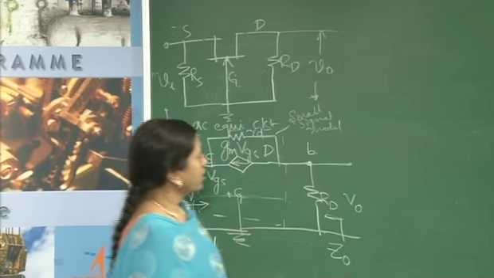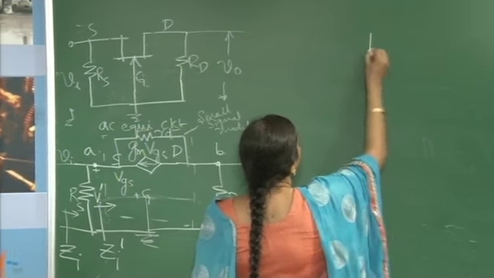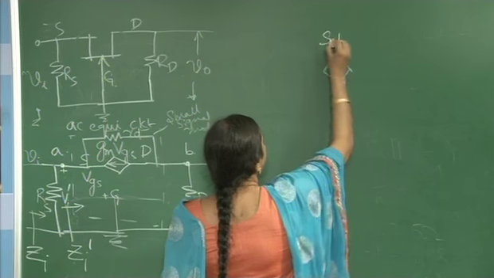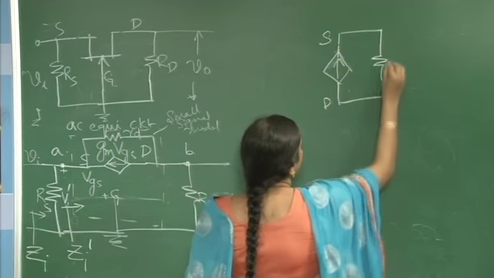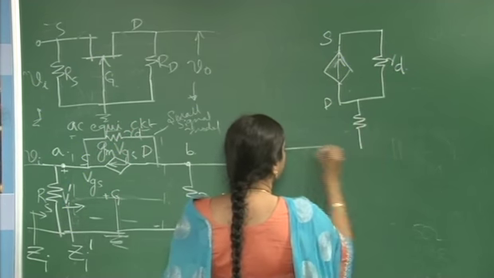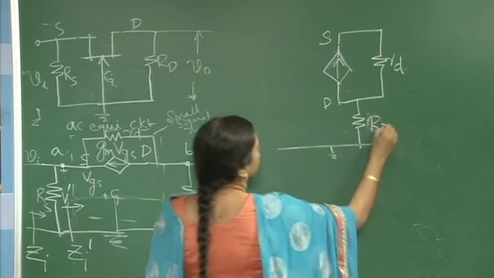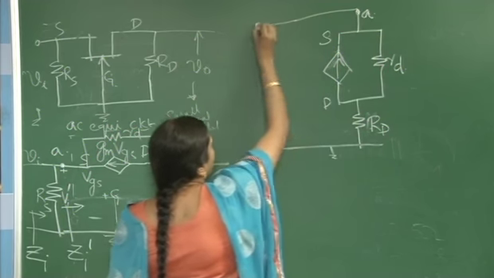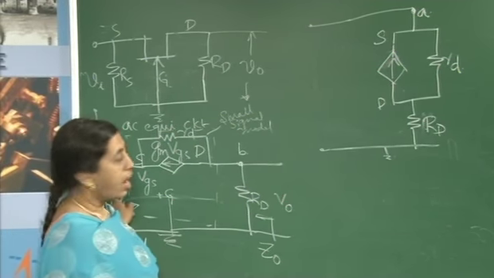Now, I will be rewriting this. This is the source node, this is the drain, this is RD, and here between drain and gate I am having RD, and this is node A. Now, to find out Zi dash we will not be considering RS.